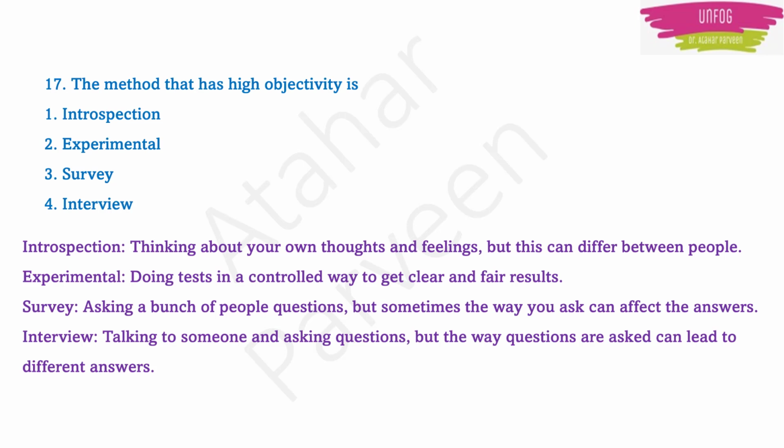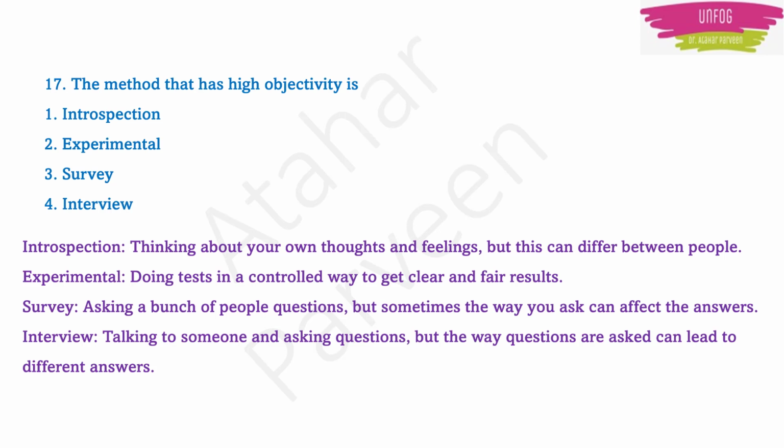Correct? Next is survey, asking a bunch of people some questions, and sometimes the way you ask can affect the answers, because one question can be asked in a different manner, and then people will give you different types of answers. Correct? So that is survey.